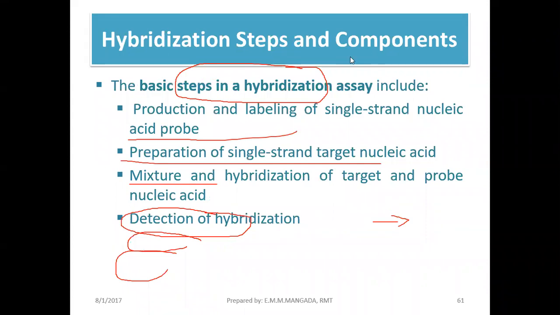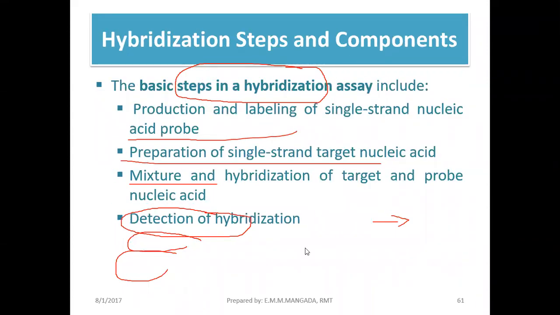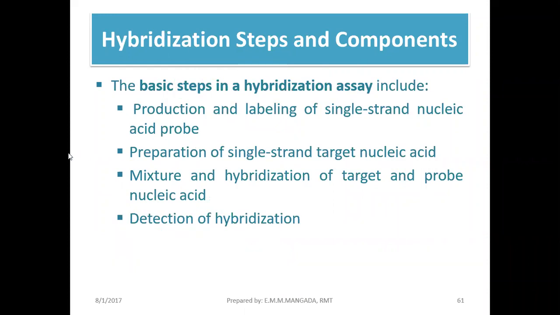So guys, you will have a more detailed discussion of this when you get to microbiology, but this one is a simple overview of this procedure. These are the basic steps in a hybridization assay.